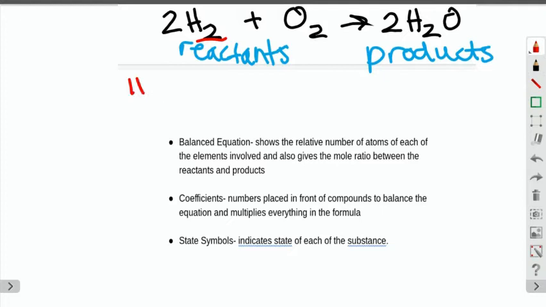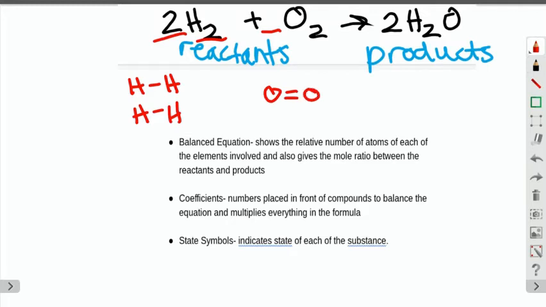So when you put hydrogen by itself, it will appear as 2 hydrogens. In this reaction, it is saying we have 2 of those, though. Oxygen, we have only 1 of them. There is no number there, so that means that there is 1.